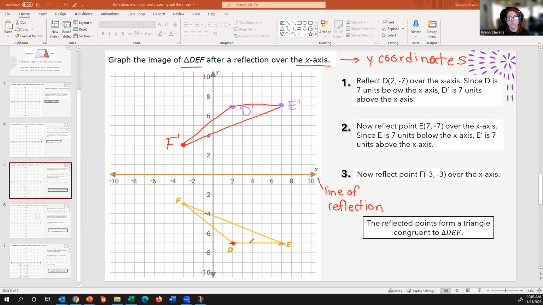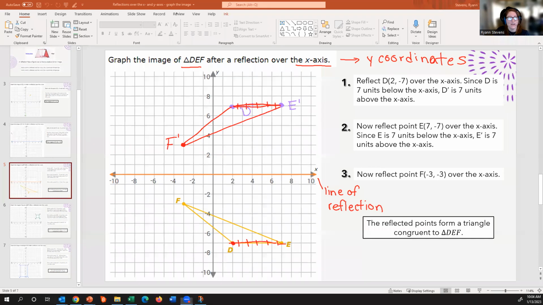So now we have this short side of DE on the top instead of the bottom. It could look slightly different, but if we double check, this is 1, 2, 3, 4, 5 units, 1, 2, 3, 4, 5, same size. It's going to keep that same size and that same shape, that triangle.